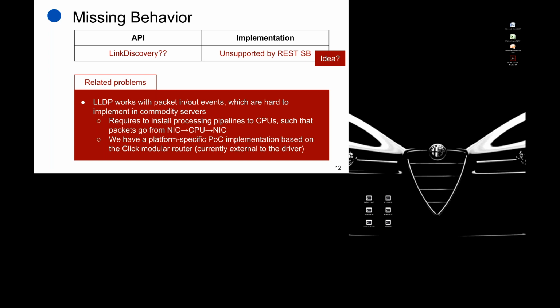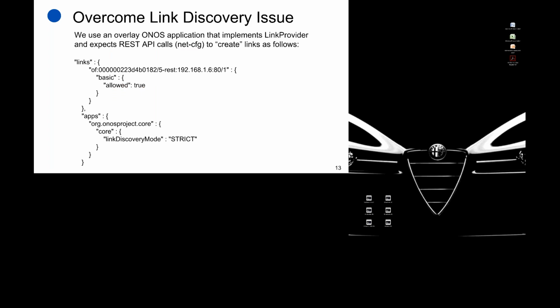To address this problem with link discovery, what we have is a bit of an ugly workaround, in my opinion. We have an implementation that currently relies on the northbound REST API of ONOS, which is listening for events, and we can push such an event, a link event, that instructs ONOS how to connect to different devices.